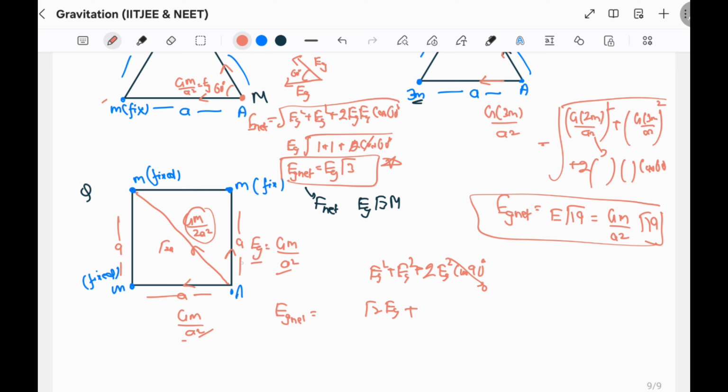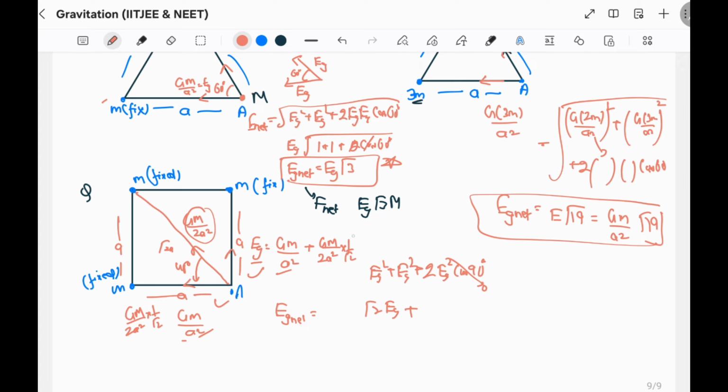Plus, for this what we have to do? Again we have to take components. So along this, what will be its component? GM by 2a square cos of 45, this angle will be 45, so what is cos of 45? 1 by root 2, and along this it will be GM by 2a square into 1 by root 2. You could have added that also.